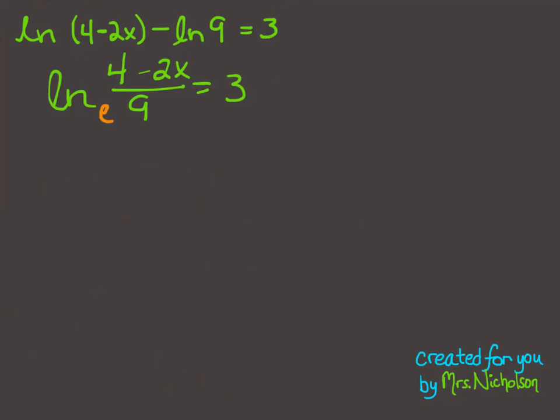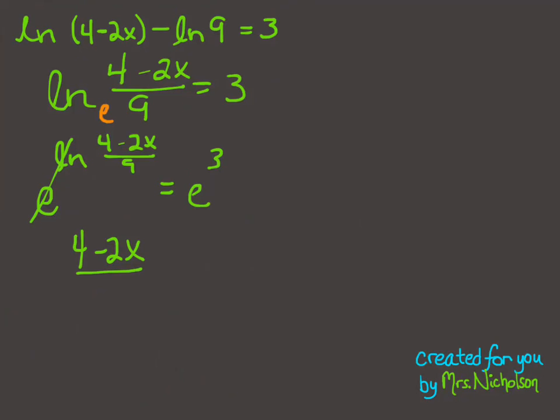And so to undo a natural log, I need to make it an exponent on e. So I'm going to say e to the natural log of 4 minus 2x over 9 is equal to e to the third, making both sides exponents on e. The e and the natural log undo each other, and I have 4 minus 2x over 9 equals e to the third. And now we just need to solve for x. Multiply both sides by 9.